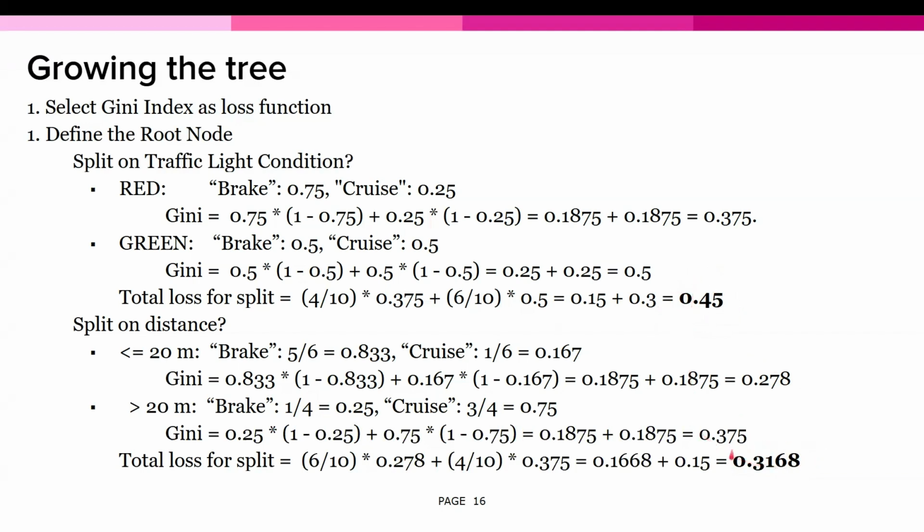So this loss is less than the loss we could achieve splitting on the traffic light condition. So we absolutely know that we're going to be splitting on the distance instead, because we would achieve a lower loss after the split than we could with the traffic light condition. In practice, we would want to try out all other thresholds, because we don't know if we could do even better than this, but we've at least eliminated the idea that we should be splitting on the traffic light condition.